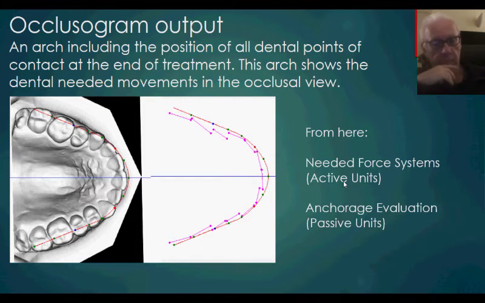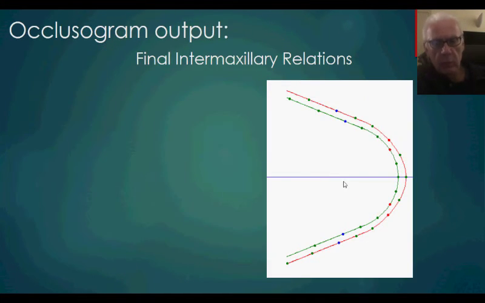So with our occlusal view, we have a very good definition of our treatment. And here we can work on finding out the needed force system, think about anchorage problems, and the occlusogram can also give us a prediction of the final intermaxillary relations.